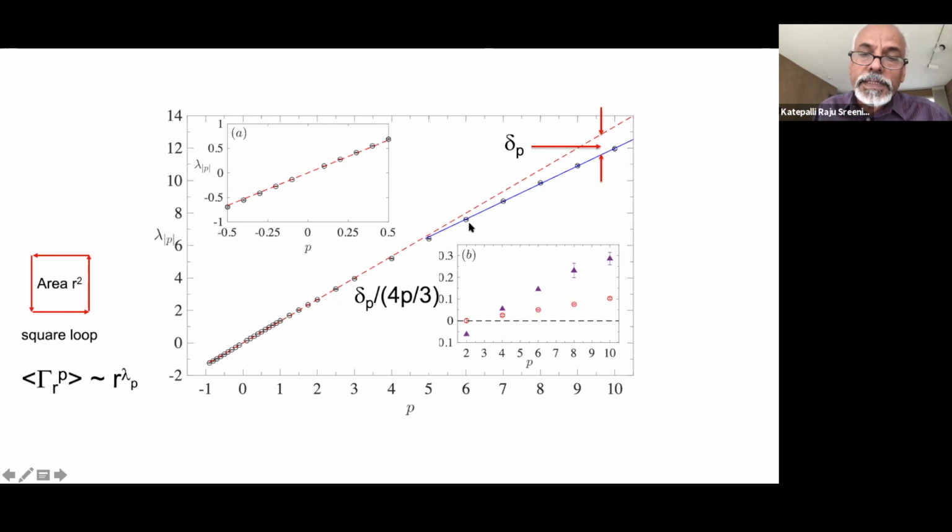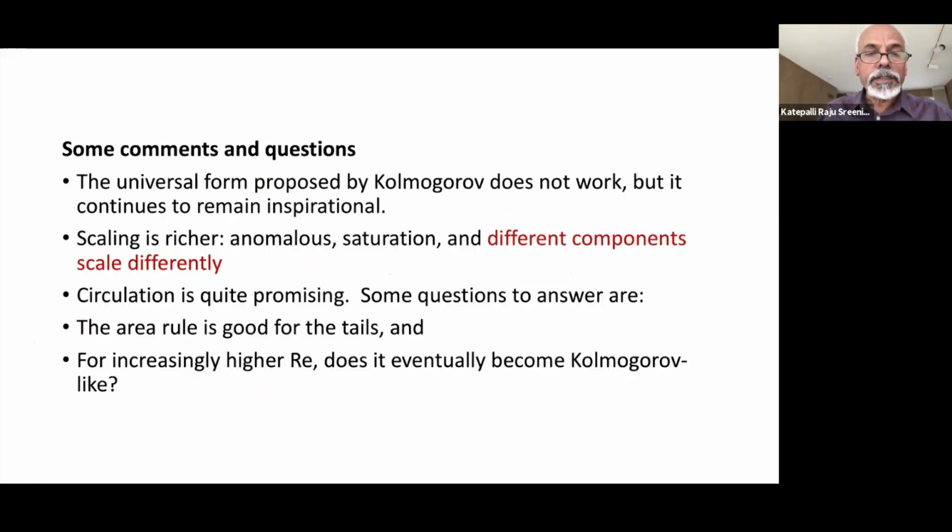In other words, it's conceivable that something like this might in fact shift to this line up to some higher P and thereafter depart a little bit less, etc. Okay, that's partly based on data and partly on speculation.